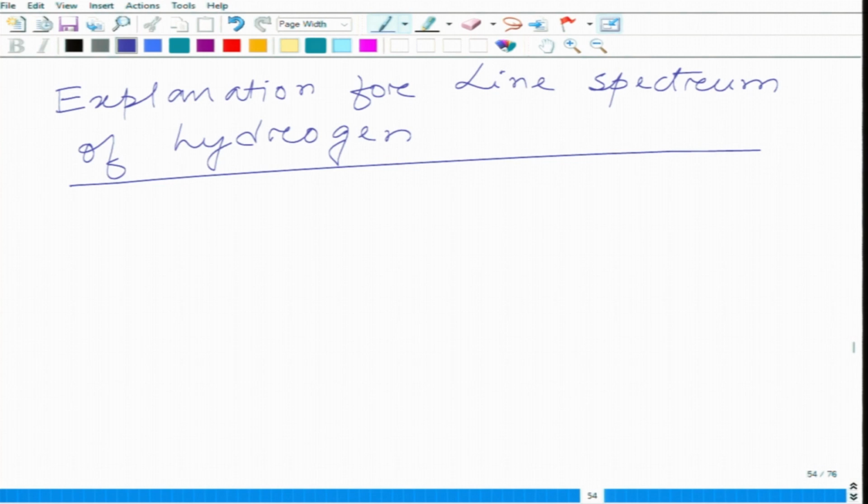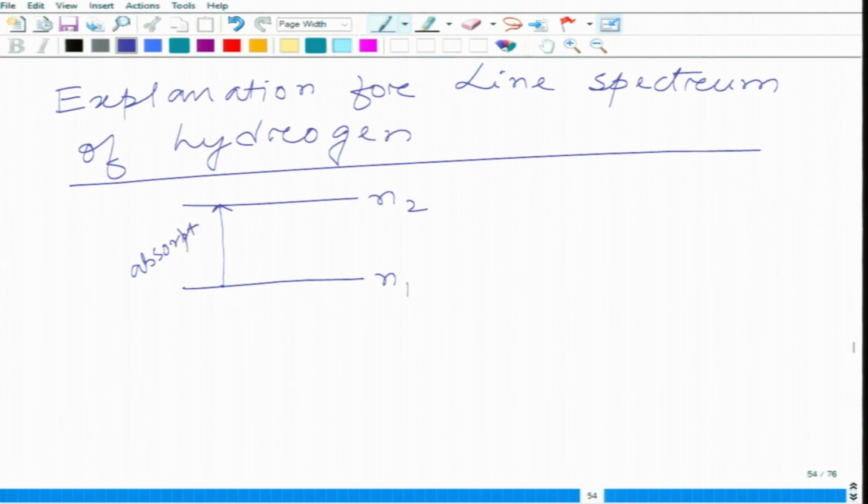So we see that, suppose this is n equal to 1, this is n1 and this is n2. When an electron absorbs energy, it moves from lower energy level to higher energy level.